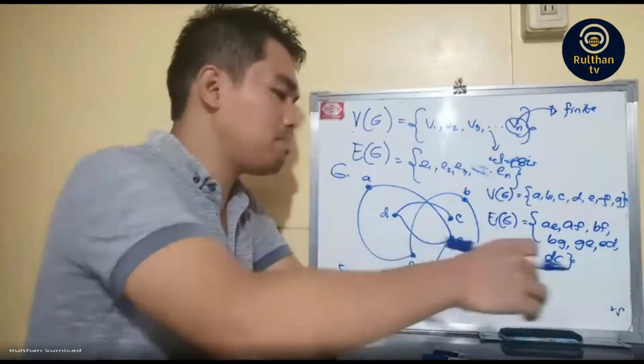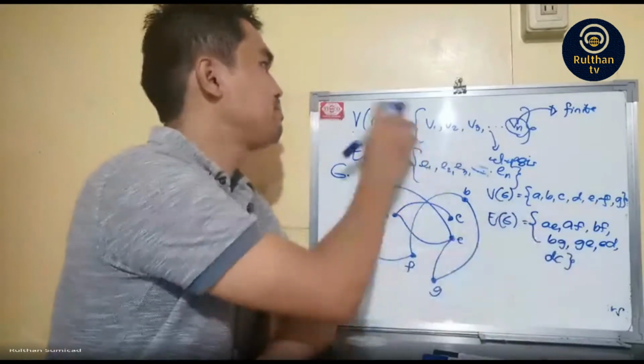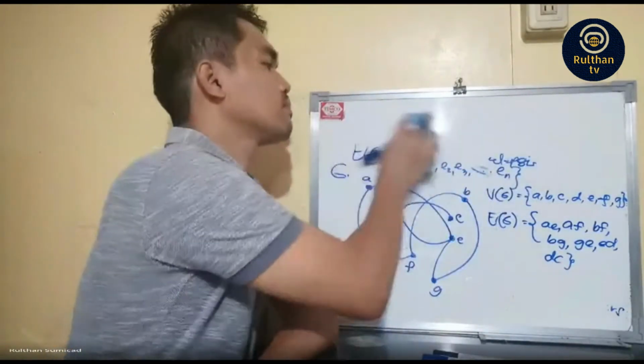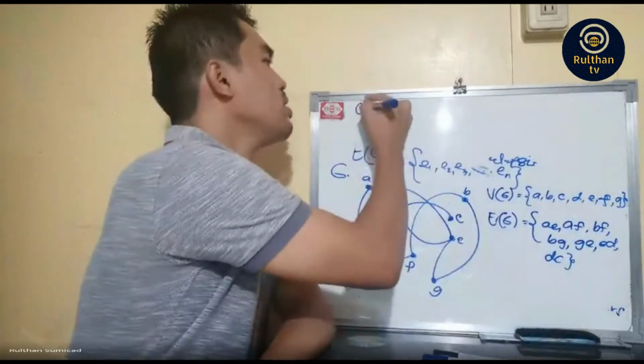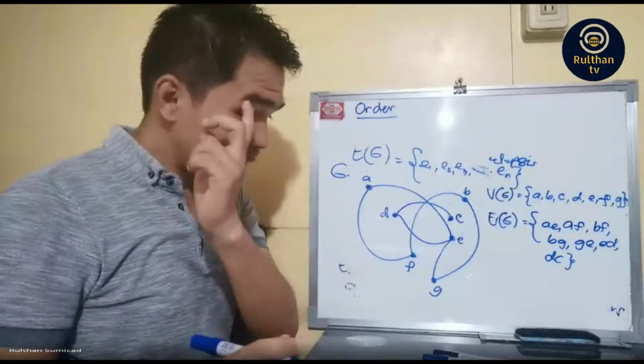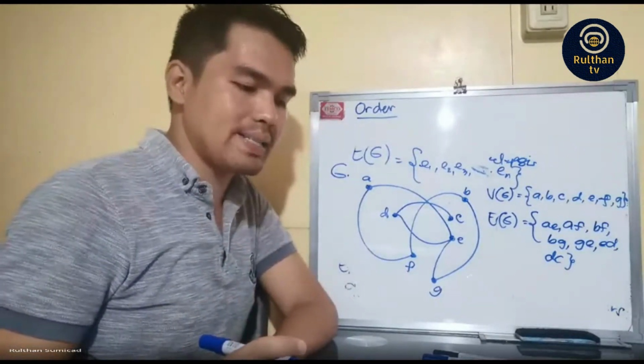Now let's talk about the so-called order. Okay, what is order? Order refers to the number of vertices.